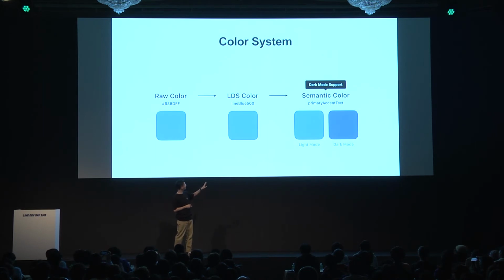And for now, in order to support dark mode, we made them semantic. Actually, my ideal scenario is that it has already rolled out, so please download the latest version. But actually, it hasn't been released, so please wait for our next version. It is already implemented. In the next version, you can see the dark mode version of Line.